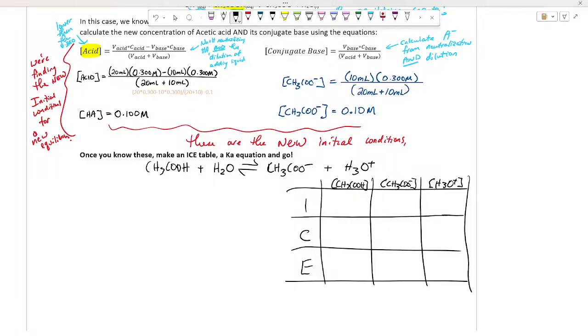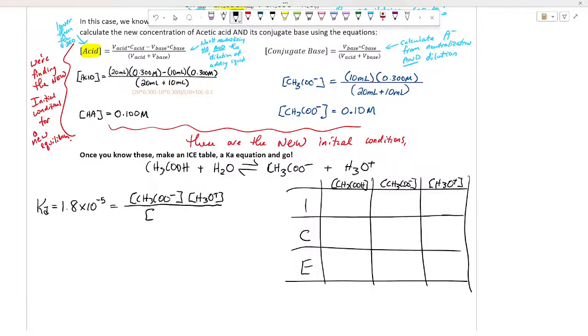All right? And don't forget, what does our Ka equal? Was it 1.8 times 10 to the negative 5? Yeah. So this is exactly like the last question.